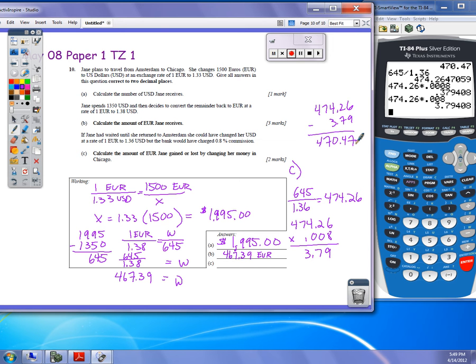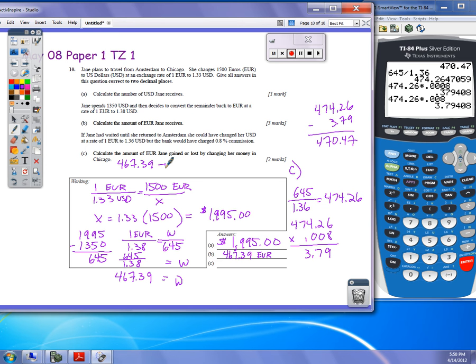Calculate the amount of euros she gained or lost by changing her money in Chicago. Well, when she changed her money in Chicago, she got 467.39.